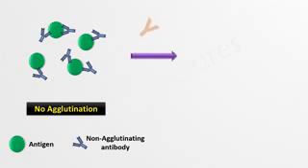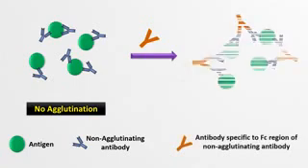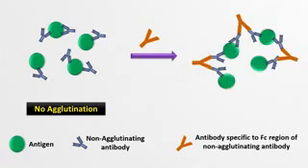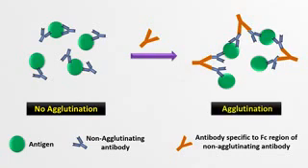Now we add a second antibody which has a binding site for the Fc region of non-agglutinating antibodies. These second antibodies will bind to the non-agglutinating antibodies and bridge the gap between them. As a result, agglutination will result, which will confirm the presence of non-agglutinating antibodies.